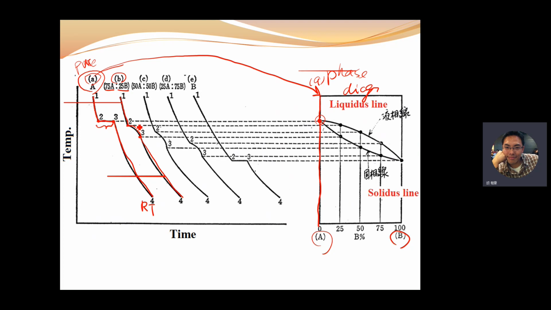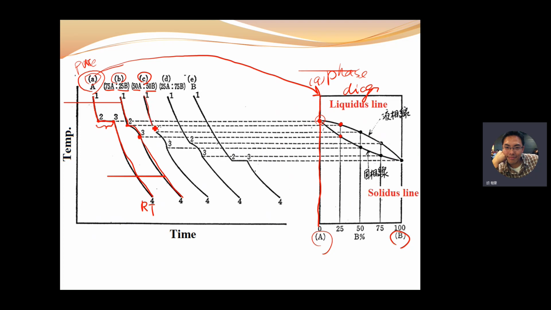Therefore, we can map the points 2 and 3 on curve B to its phase diagram here and here, right? And then we can keep adjusting the composition of element A and B, say 50-50. It's the curve C.